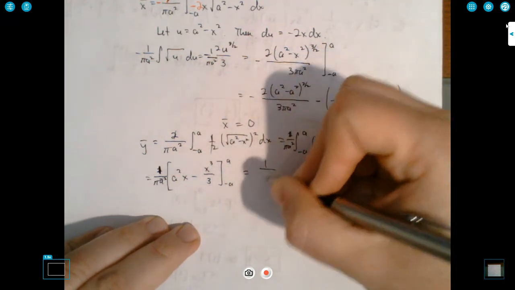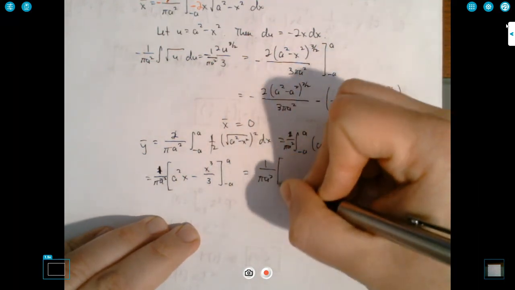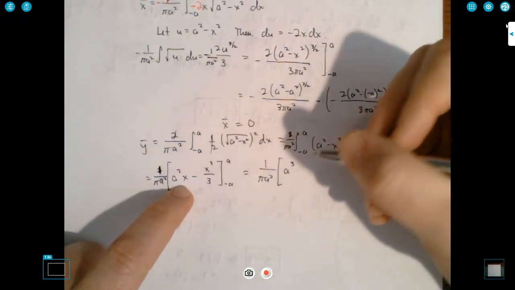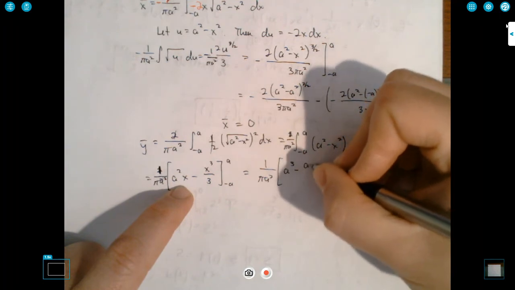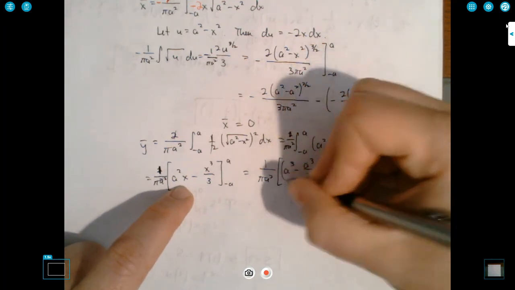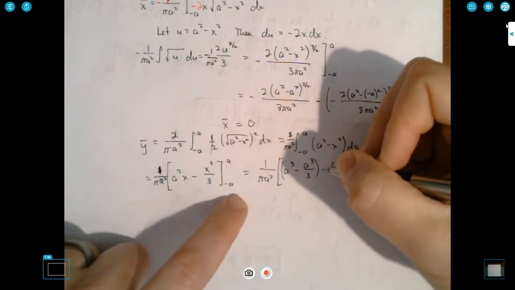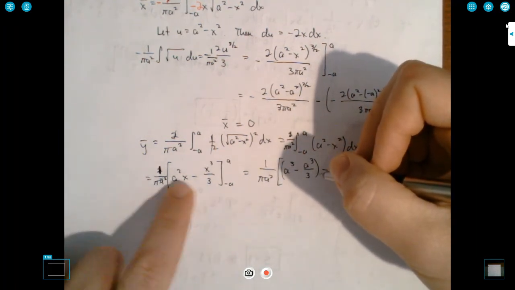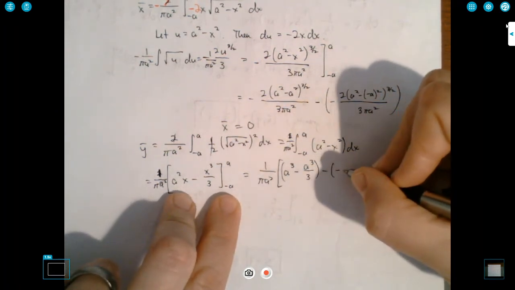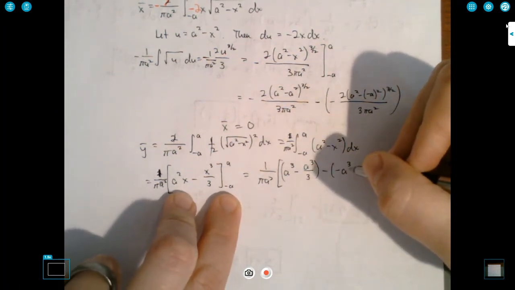So I'm going to have 1 over pi a squared times, if I plug in a, I'm going to get a cubed minus a cubed over 3. If I plug in negative a, a squared times negative a would be negative a cubed, right? Negative a cubed.